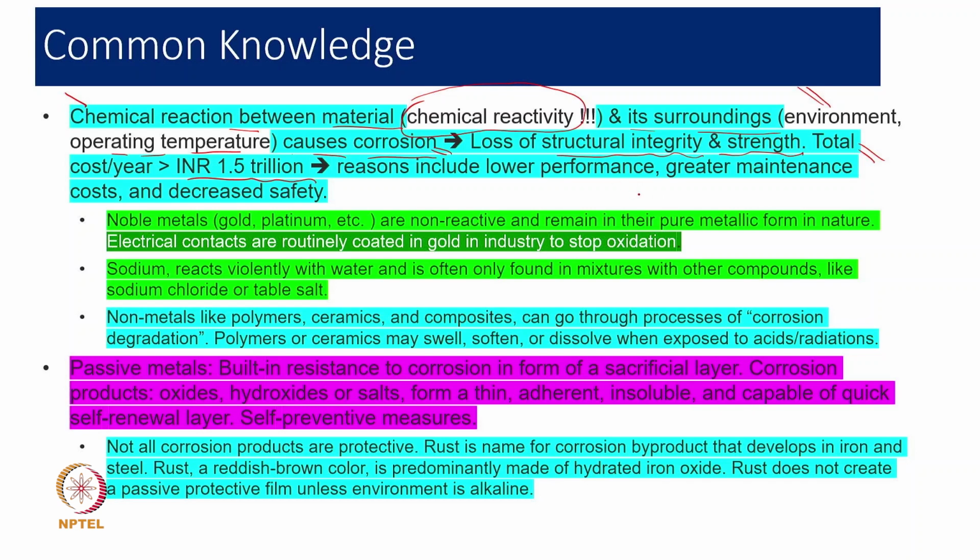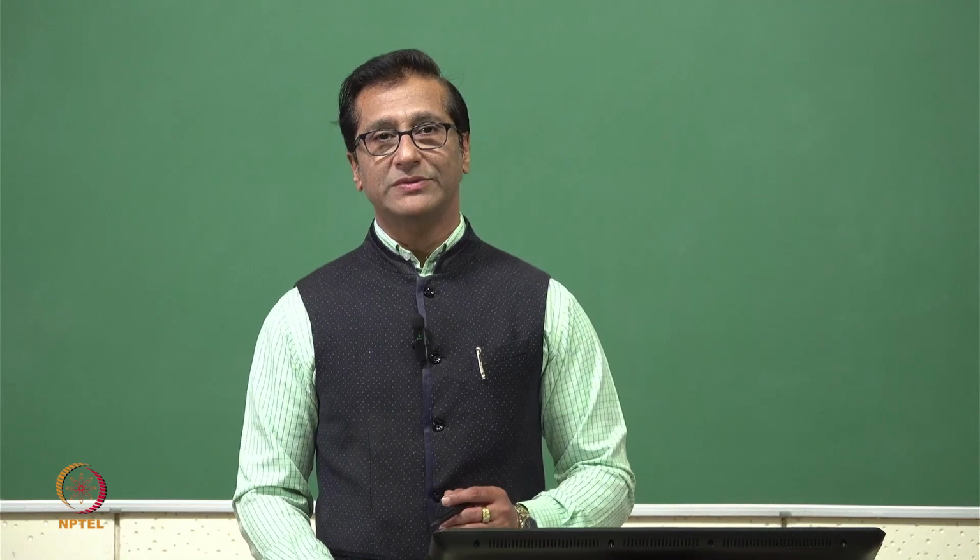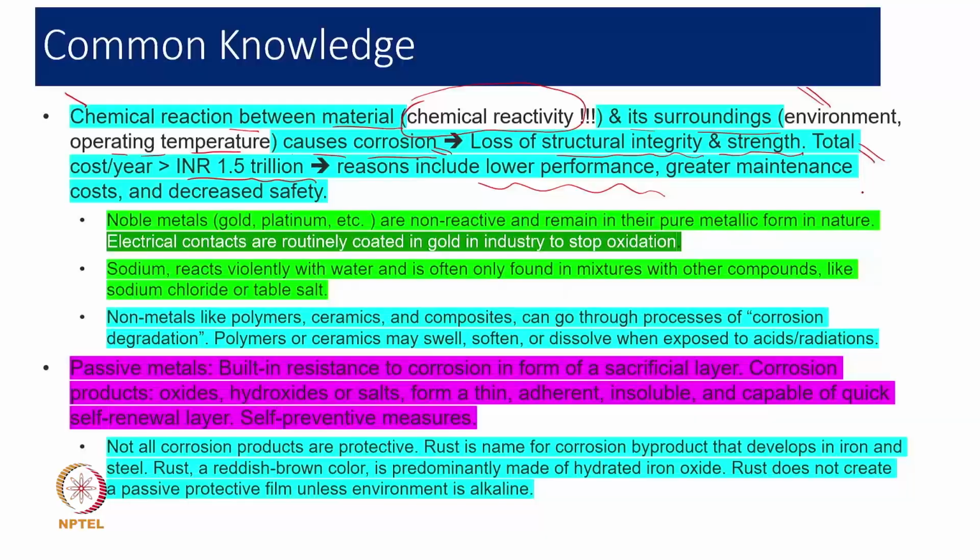Corrosion reduces performance. That means if initially there is some performance, with time it will come down. It also increases the maintenance cost. And the last one is safety issues. If we don't consider the corrosion problem appropriately, there will be safety issues also.